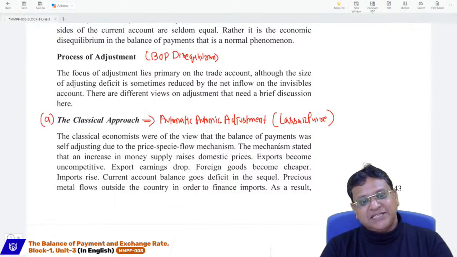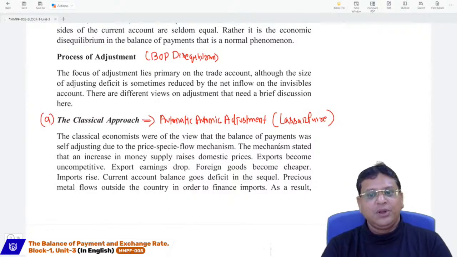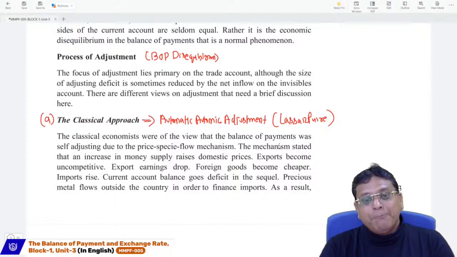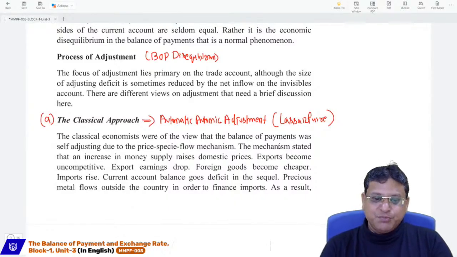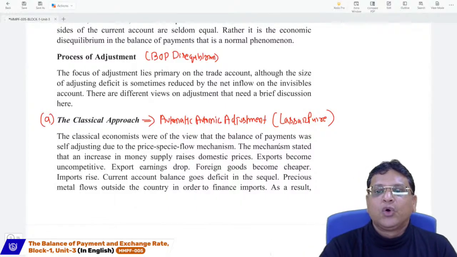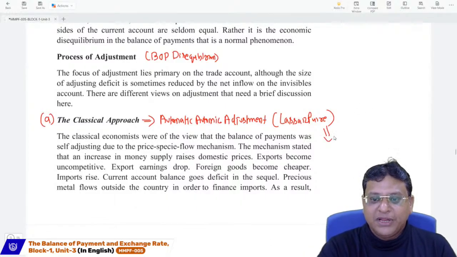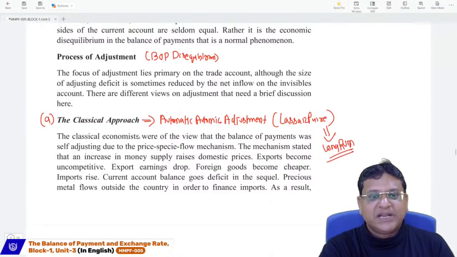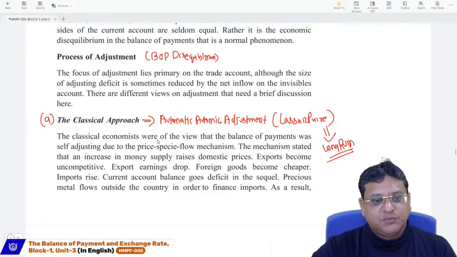When prices come down, the goods will be cheaper and competitive in the foreign market. So ultimately exports will increase, imports will decrease, as a result of which balance of payment will be automatically adjusted in the long run. This is the advocacy of the classical approach.